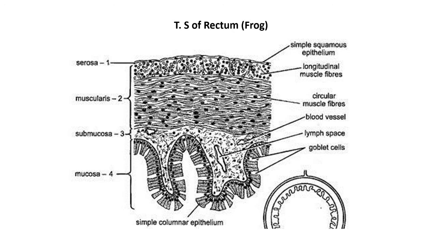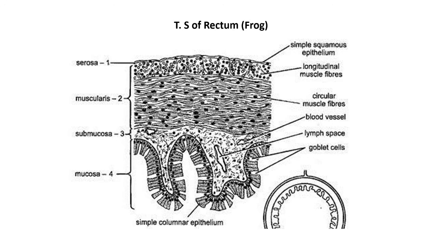Then this slide shows four distinct layers of rectum, that is serosa, muscularis, submucosa, and mucosa. Same like other parts of the alimentary canal, that is duodenum, ileum, stomach, esophagus, the rectum shows four distinct layers such as the outer serosa layer, then muscularis.